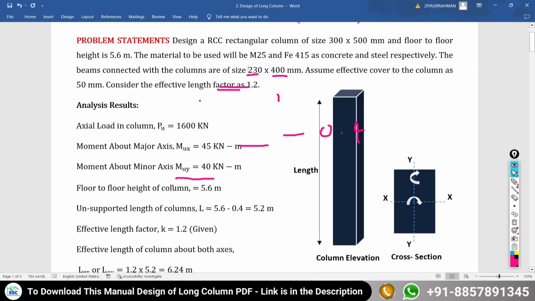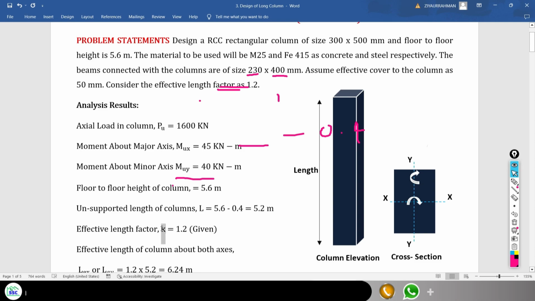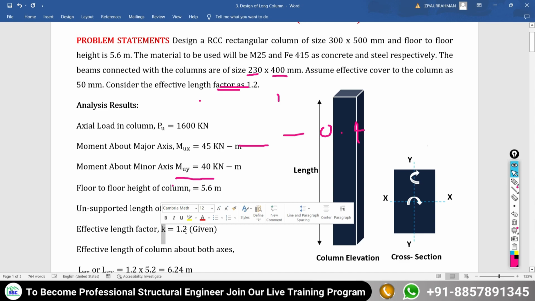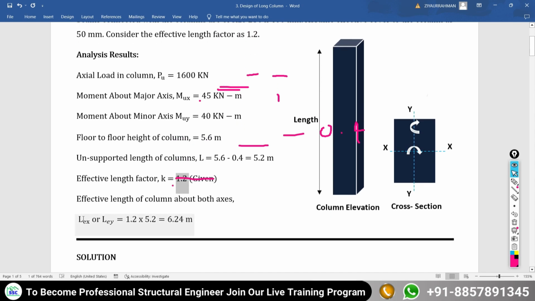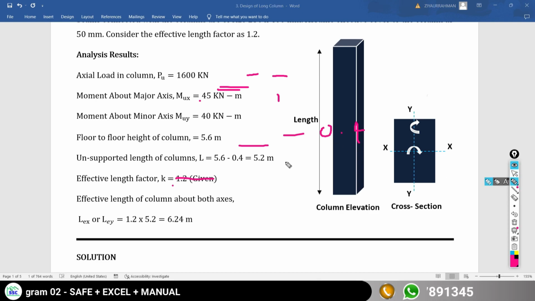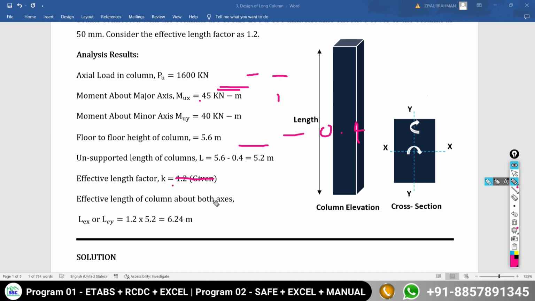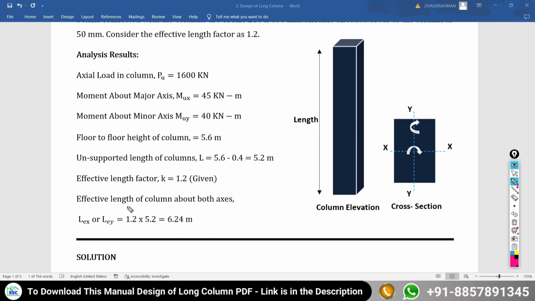After all of this, what next? We also have the effective length factor, represented by K, which is given as 1.2. Thereafter, for the effective length of the column about both axes, about the axis X and about the axis Y, you have to multiply the unsupported length of the column with the effective length factor. So about X and about Y, the effective length of the column will become 1.2 multiplied by 5.2, which is 6.24 meter. This is the effective length of the column about both the axes.